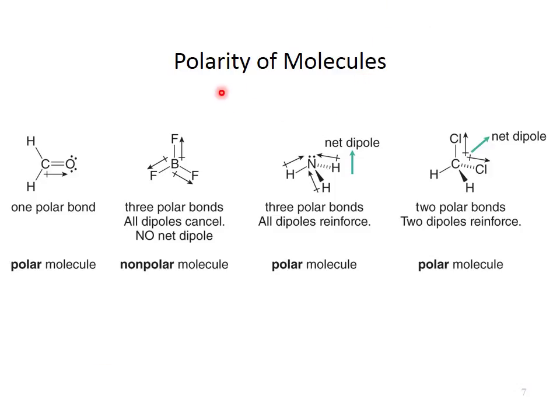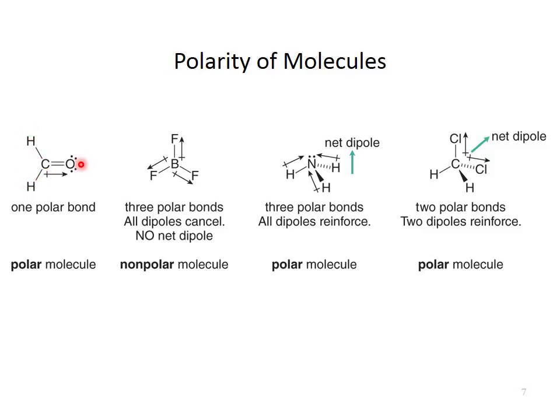It's kind of hard to understand just words. You have to see some things. So let's look at this one molecule right here. If we just consider bond dipoles, you will see that with no electronegativity difference, or a very small one, between carbon and hydrogen, you can say there's no bond dipoles there.